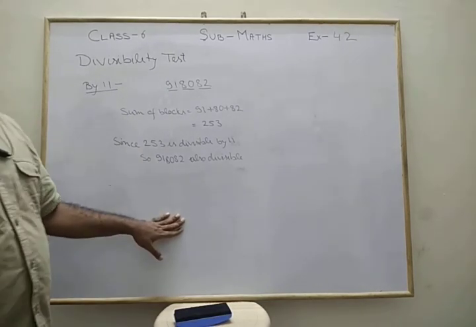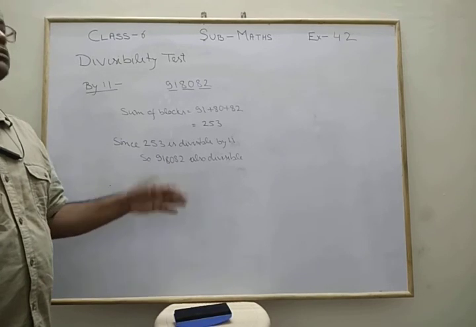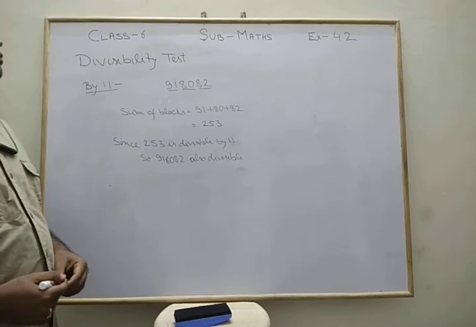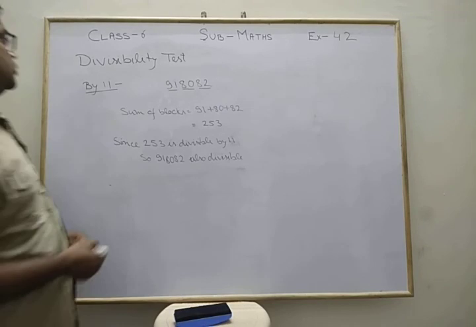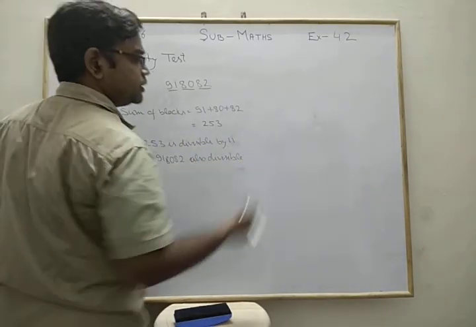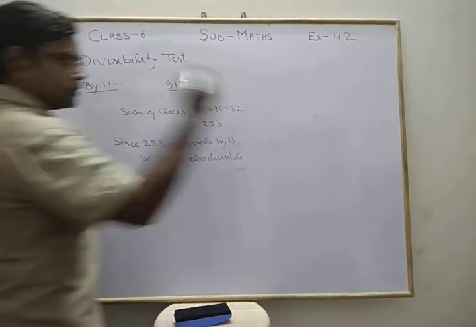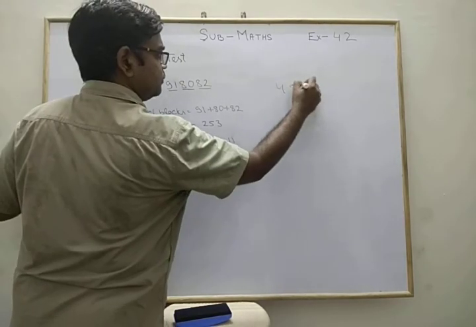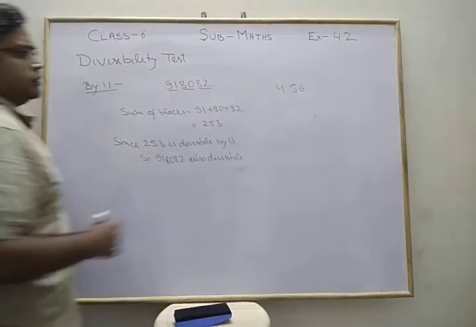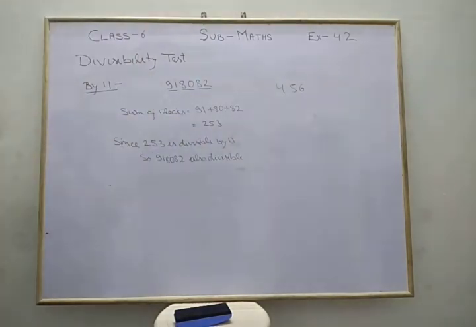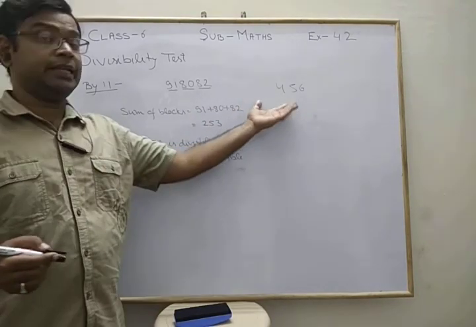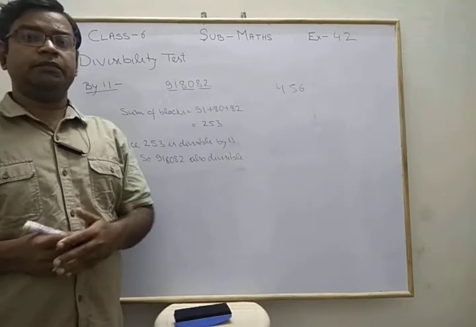Now we are going to discuss an odd number of digits. Check it: a number 456. Whether this number is divisible by 11 or not, you can easily say it's not divisible by 11.